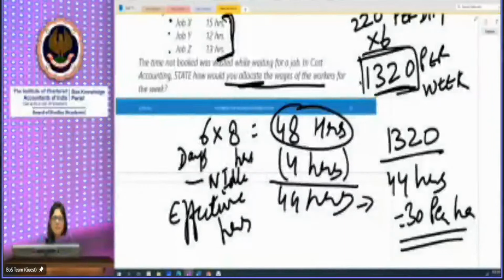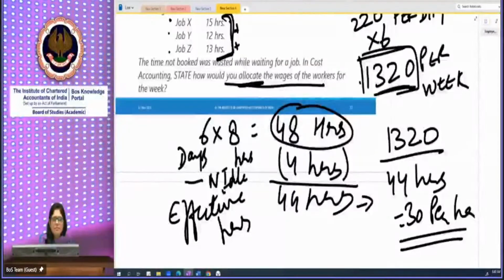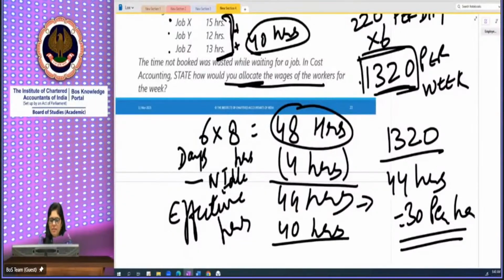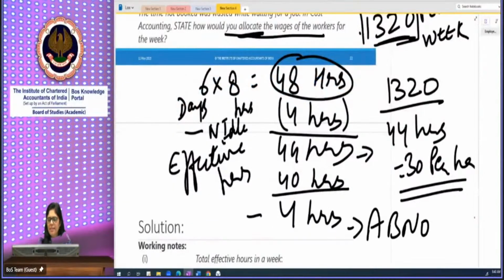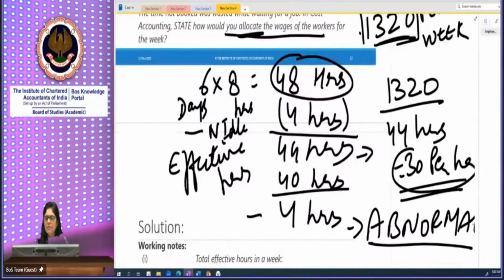But how much time has been taken? 15 plus 12 plus 13 comes to 40 hours. Actual productive hours are 40. 40 hours has actually been worked. That means the balance of 4 hours is abnormal idle time. See, abnormal idle time will not be taken into consideration to calculate the rate per hour.